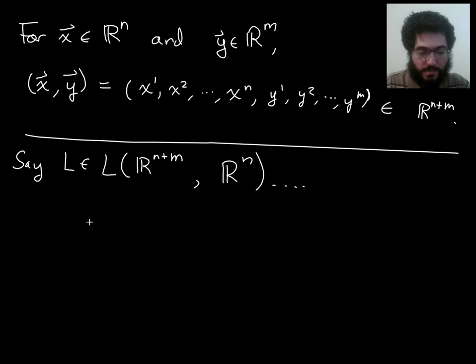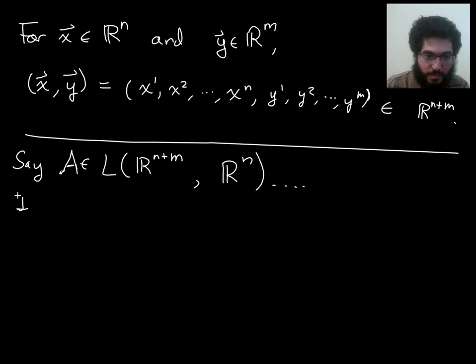Then how would you imagine L as represented by a matrix? And actually, I just had a look in Rudin and remember that he uses A for his linear maps. So let me just stick with that notation, just to be consistent between lecture and textbook. So let's say A is a linear map. So how would it look as a matrix?